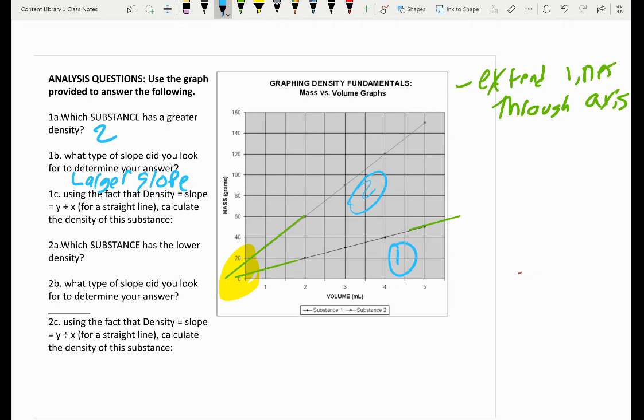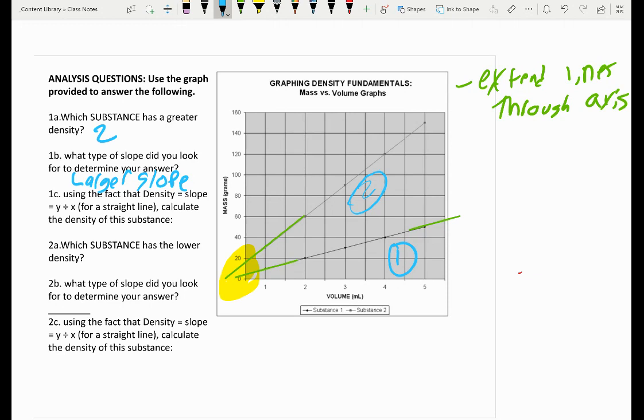So what you usually do is you pick out 2 points, right? Now, just a little bit of strategy. You can pick any 2 points you want along the line, anything along the line, really. But when you're doing this, I would suggest picking points that fall exactly on grid lines. That way you don't have to worry about misreading it. Right? You don't have to worry about estimating between grid lines to see what the values are.